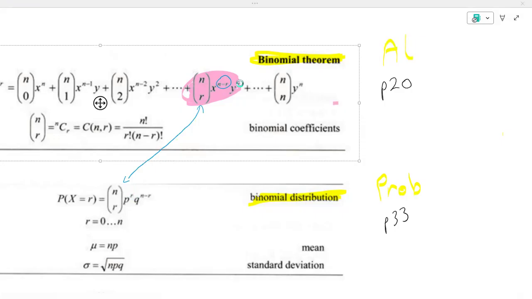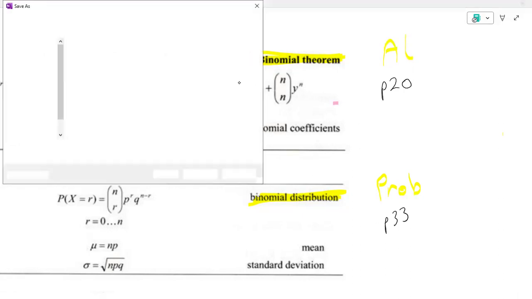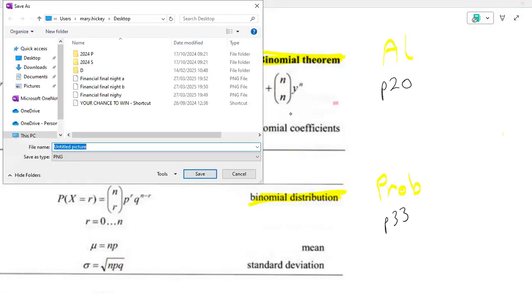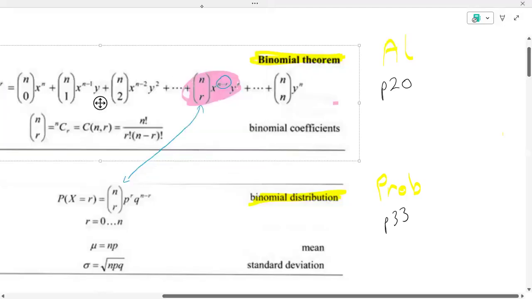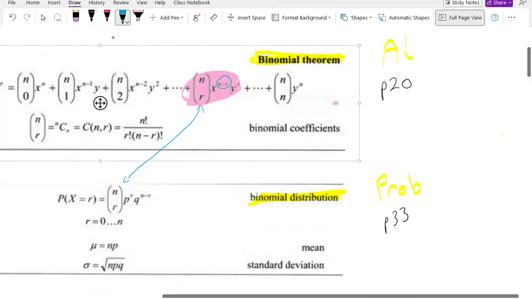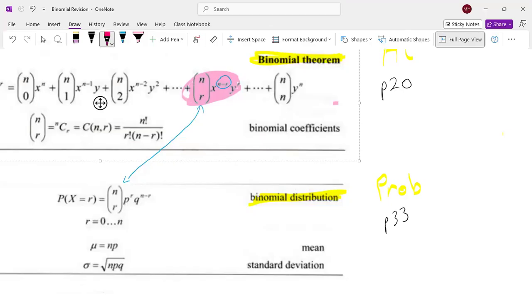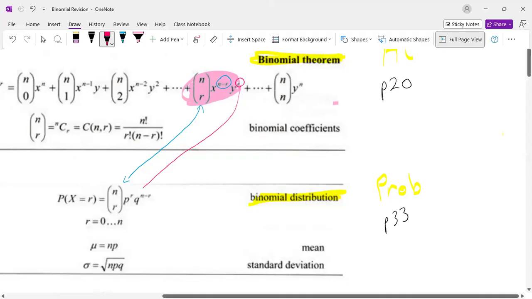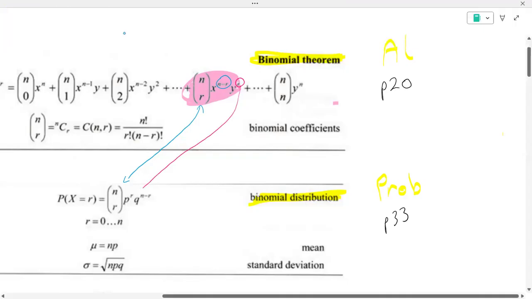And then in terms of the second part, sorry, this is a bit glitchy for some reason. When you're looking at the second part, it's the opposite way around. So notice that this is to the power of r, and when we look at it down here, this one is to the power of n take r. So can you see that they are switched?